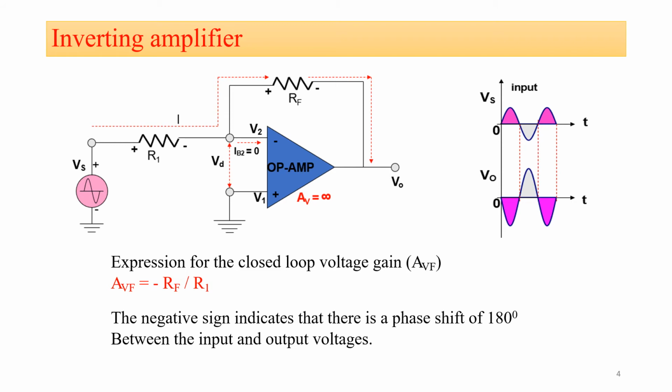Now when Rf equals 10 kilo ohm, R1 equals 1 kilo ohm, and the input voltage equals 1 volt, then the output voltage, that is VO, will be equal to minus 10 kilo ohm upon 1 kilo ohm into 1 volt. So the output voltage will be equal to minus 10 volt. So for an input voltage of 1 volt, your output voltage will be minus 10 volt.